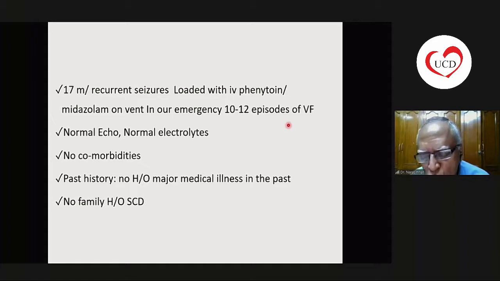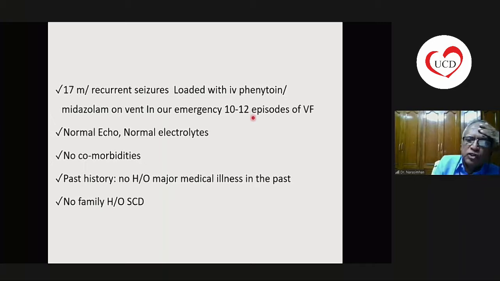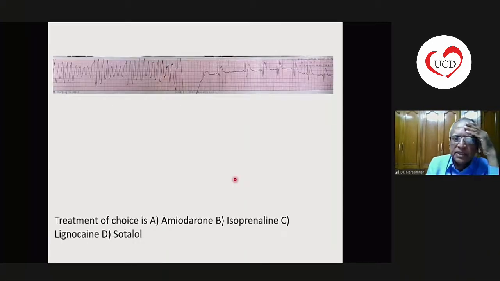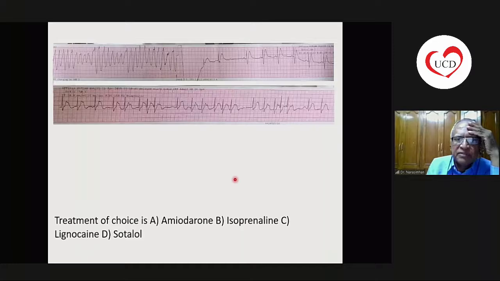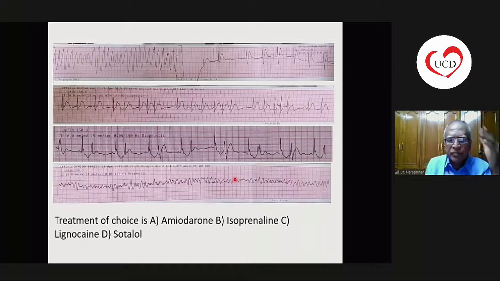When you give a sodium channel blocker like Eptoin, fosphenytoin, or any of the anticonvulsant agents, all of them will worsen the Brugada syndrome. Because you're blocking the sodium channel, you're actually unmasking the Brugada. This patient came to us in a VF storm, and this is what happened after VF.